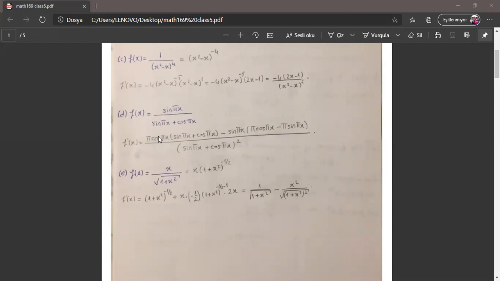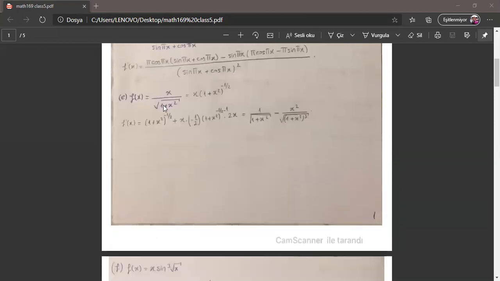So this one's derivative is cosinus pi x times inside function's derivative, which is pi, times the second one minus first function times the second function's derivative. So this one's derivative is pi cosinus pi x, and this one's derivative minus sinus pi x times pi, over the denominator square.